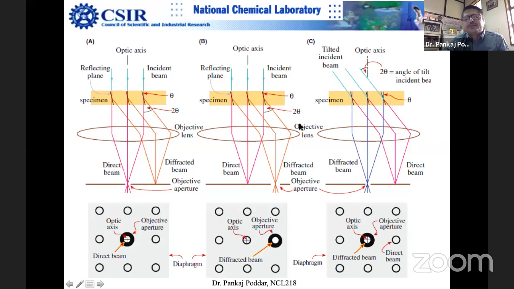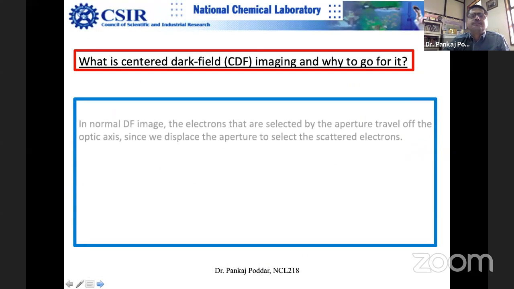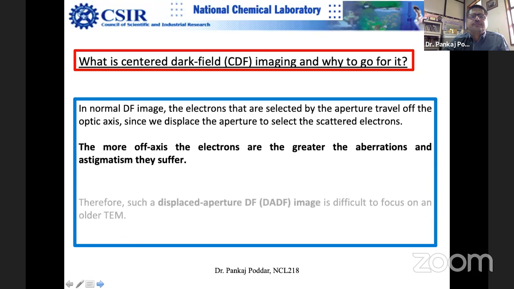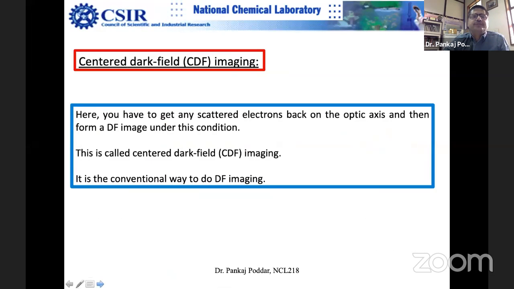You are shifting the aperture. You can see that with off-axis electrons the aberrations are greater, and astigmatism will also be there. So center dark field is the right way of doing things.